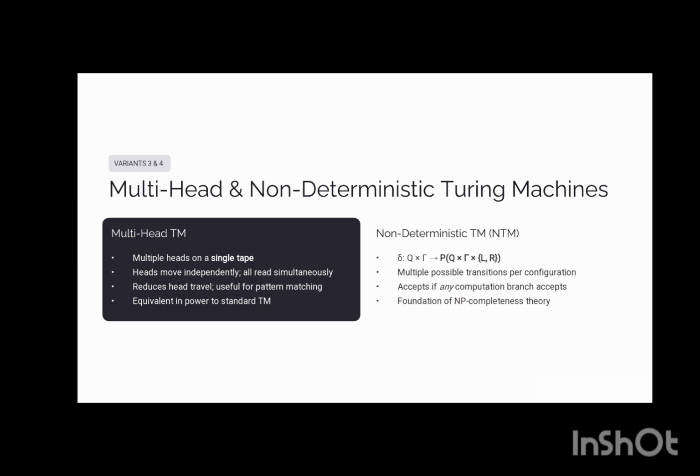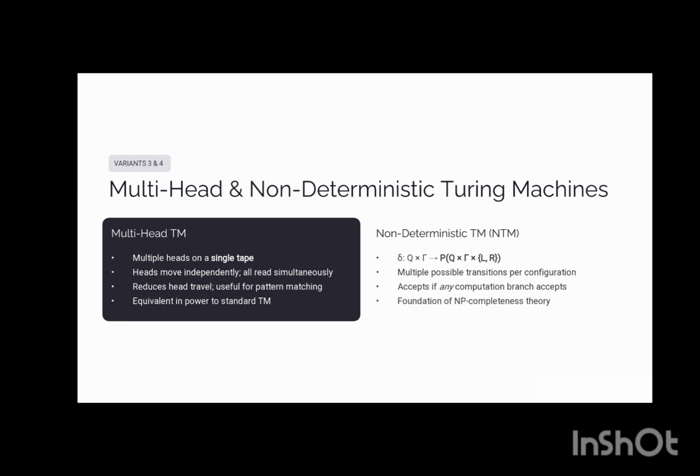The non-deterministic Turing machine extends the transition function to return a set of possible moves rather than a single move. At each step, a non-deterministic Turing machine branches into multiple parallel computations. A string is accepted if at least one branch reaches an accepting state. Non-deterministic Turing machines are central to complexity theory.